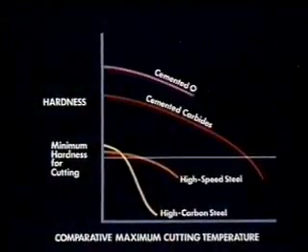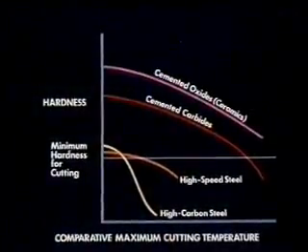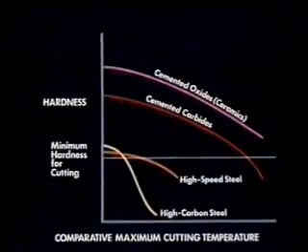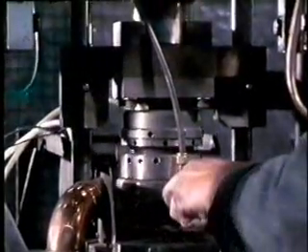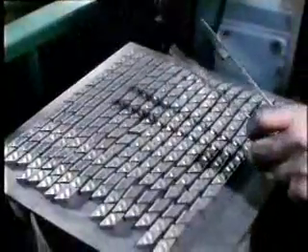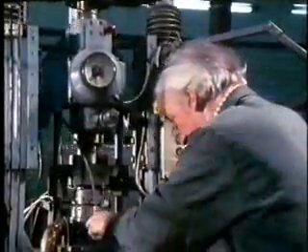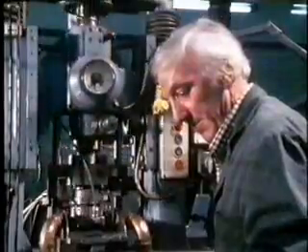Ceramic tips are even harder than those made from metallic carbides. They're also more brittle. Once again, powder metallurgy is used to produce the tips. They're pressed in a mold which is oversized to allow for the shrinkage which takes place during sintering.